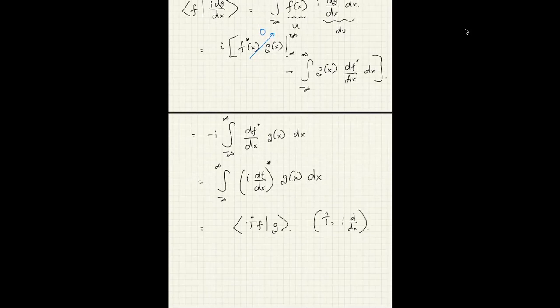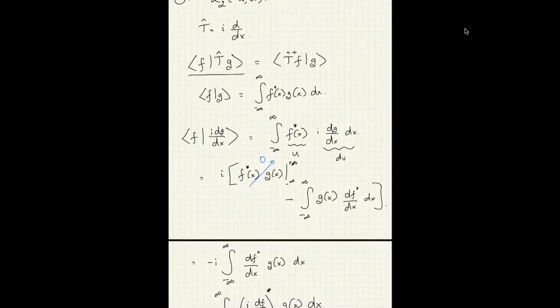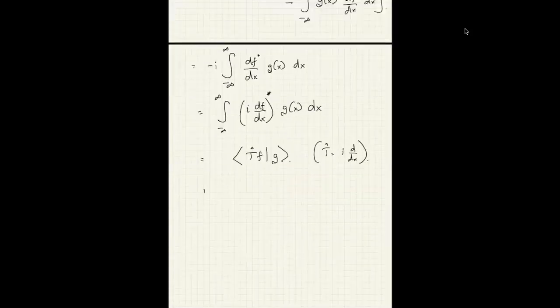Remember that when T is taken to the left on the bra, the i becomes a minus i. So we find that the operator that satisfies the relation ⟨f, Tg⟩ equals ⟨T†f, g⟩ is the operator i d/dx itself. So the operator i d/dx, the Hermitian conjugate of this operator, is the operator i d/dx itself, okay? This means it's a self-adjoint operator, okay?